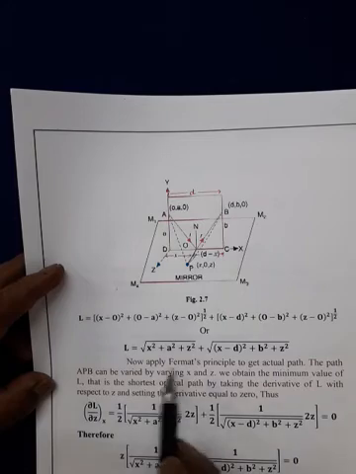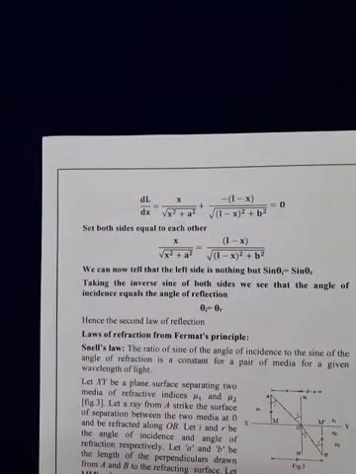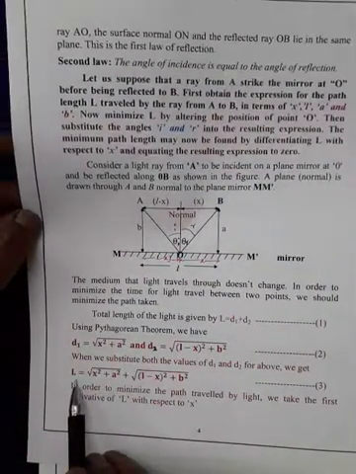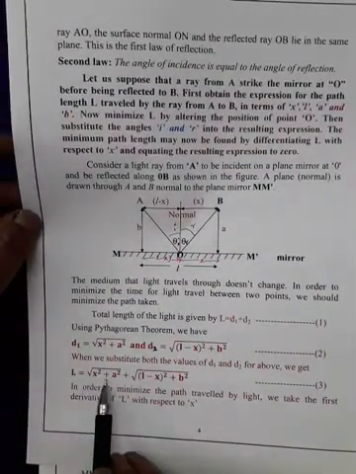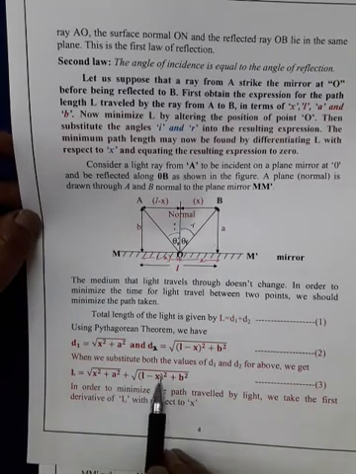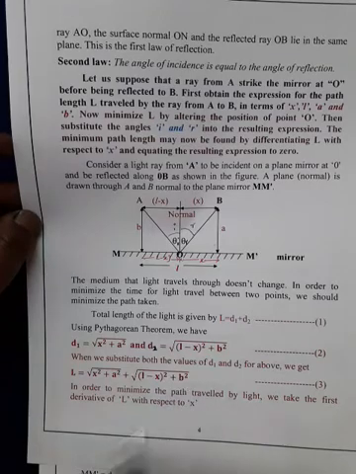Likewise, if I solve the same equation, L equal to under root of x square plus a square plus under root of (L minus x) square plus b square.